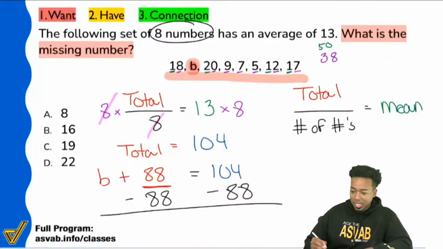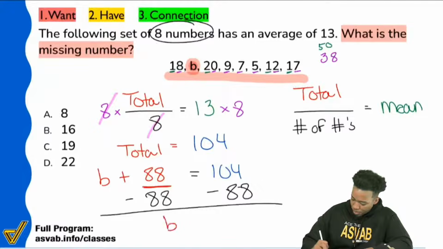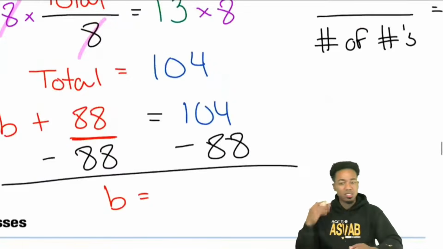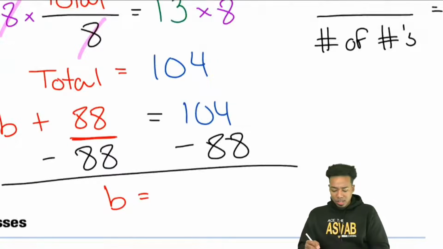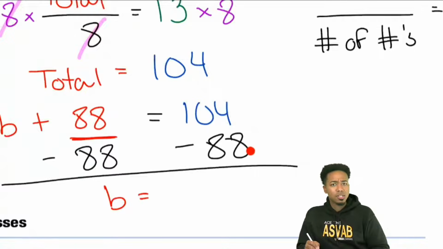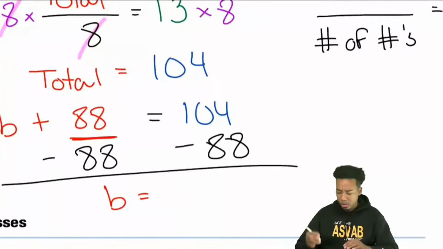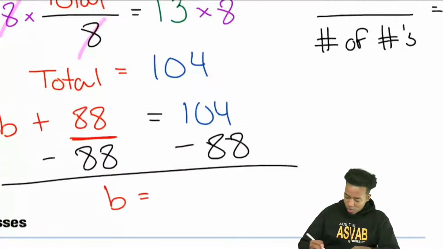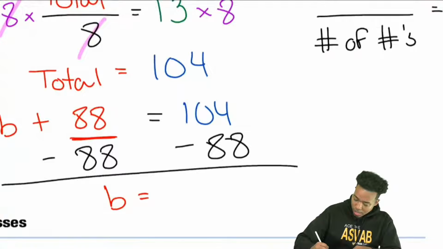Now, one way that I like to handle numbers that are close to the hundreds or the next zero, I can just say, look, this is subtracting. That means take the difference. If I want to go 88 up to 104, well, if I go up 12, that's 100. Up 4, that's 104, so that'll be 16. Or if you wanted to go the classic way, you could say, let me just borrow 1.